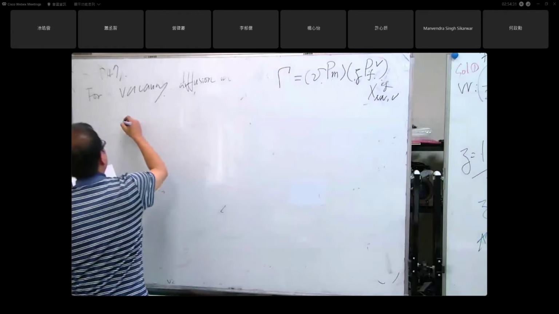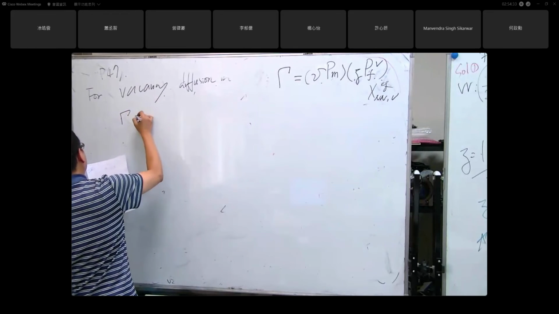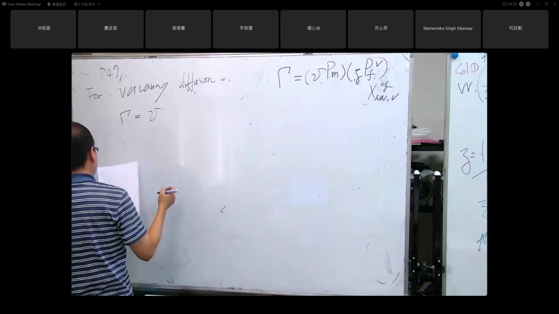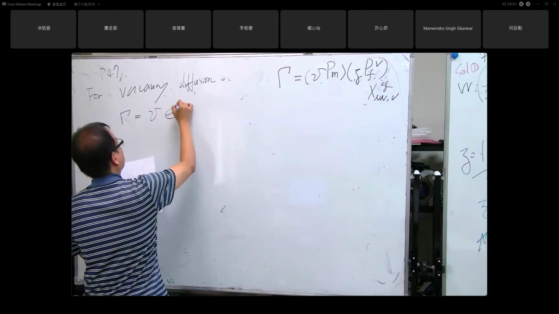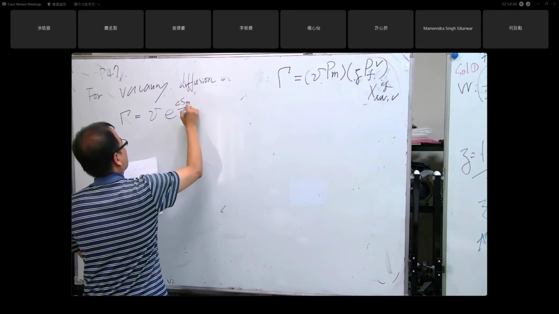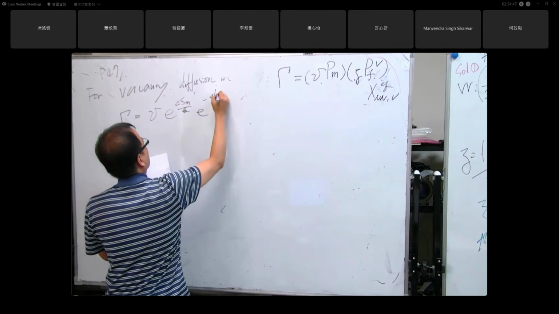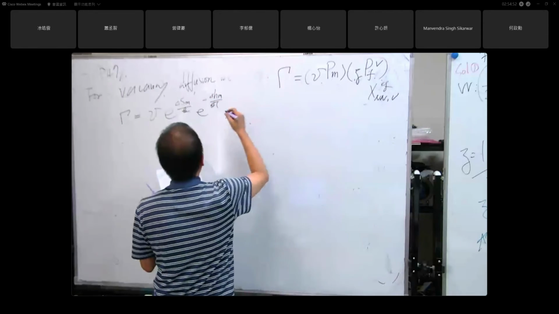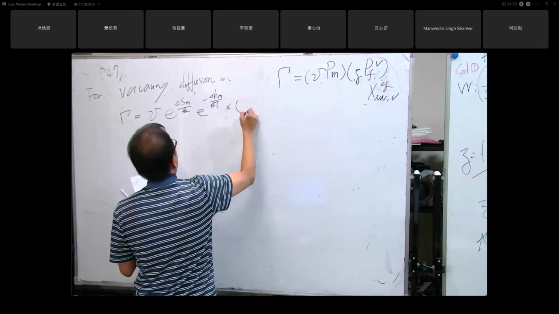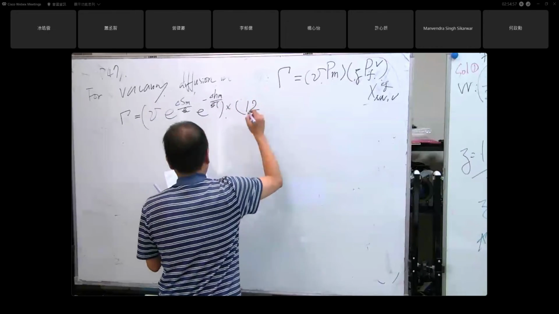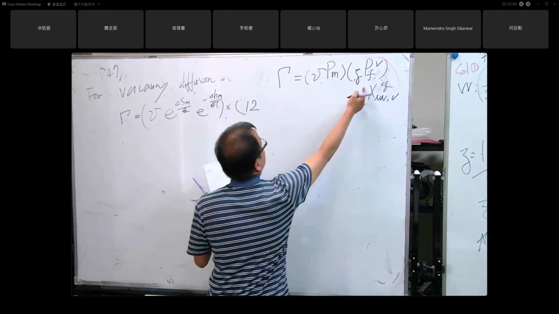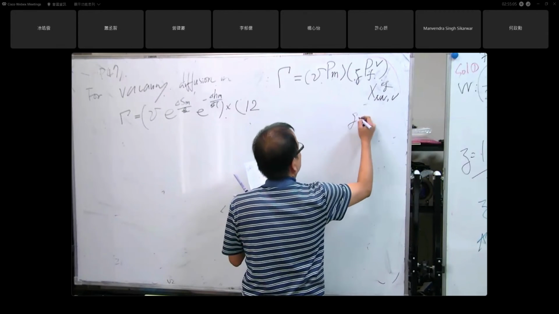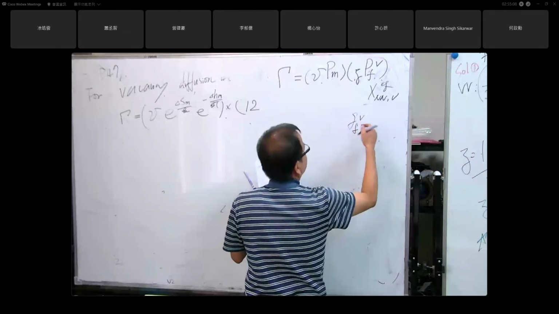Then use the equation, total jump frequency. Then you know the equation should be like this, nu never changes. And your migration barrier is always like this. And now you know the coordination number is 12. And the formation energy, you need to consider the energy for the vacancy formation.